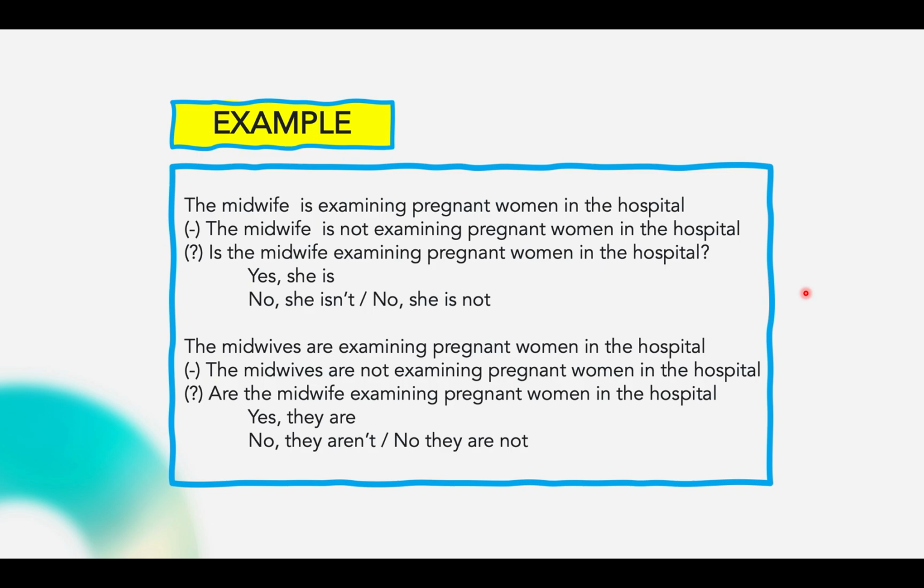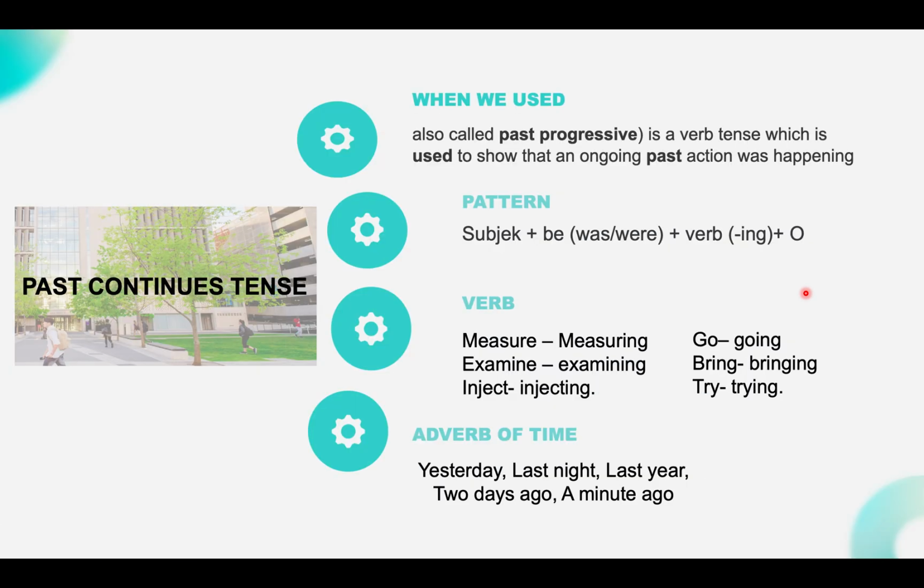Put are in front of the subject again. So are the midwives examining pregnant woman in the hospital? And the answer is yes, they are, or no, they are not. Something like that. And this is our last tense for today's meeting.